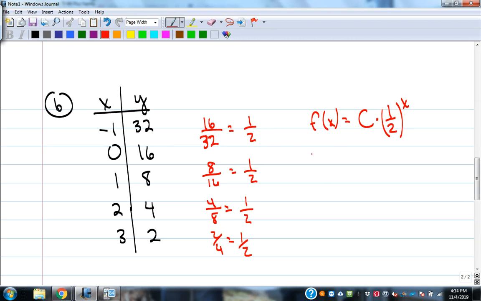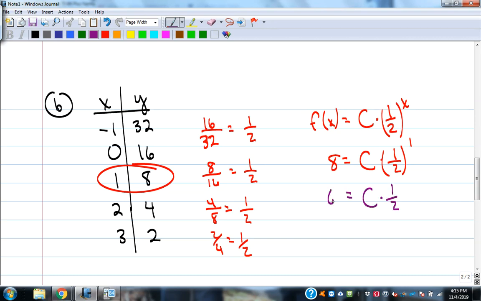If I used f of 1, if I use this ordered pair, I would have 8 is equal to c times 1/2 to the first power, and c times 1/2 is 8, and then I multiply by 2 to get rid of the 1/2, and 16 equals c, which makes sense because I saw the ordered pair 0, 16 was there.